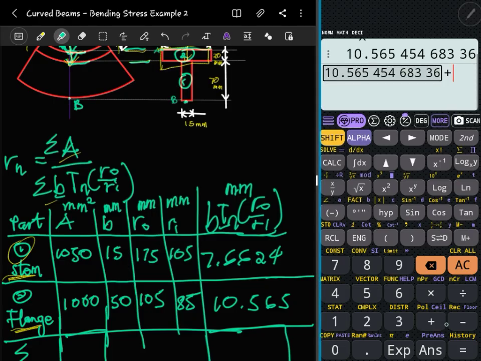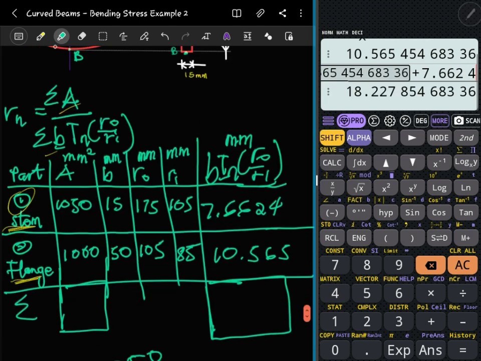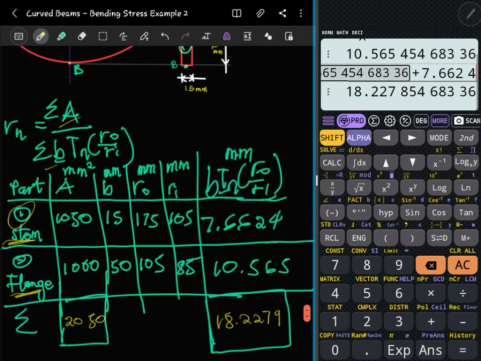Adding this gives us 7.6624, and that gives us about 18.2279, right? And the area gives us about 2050.